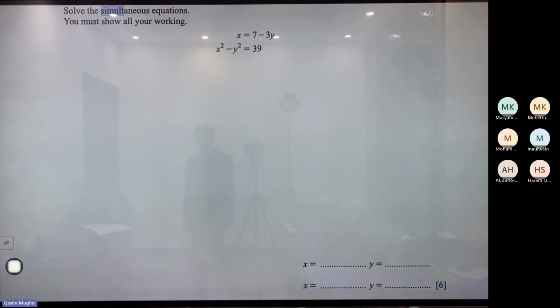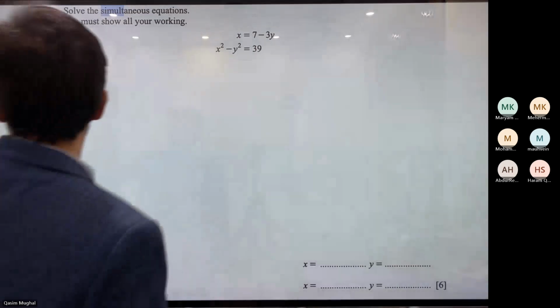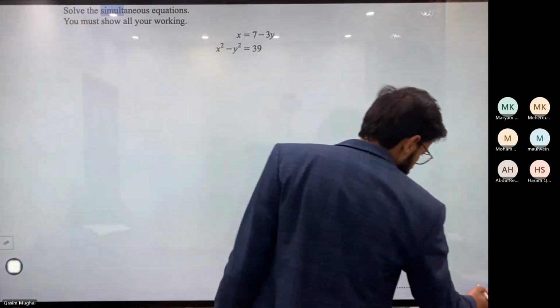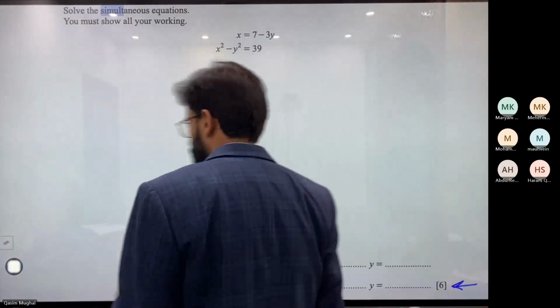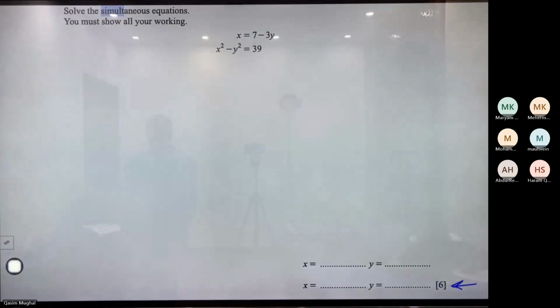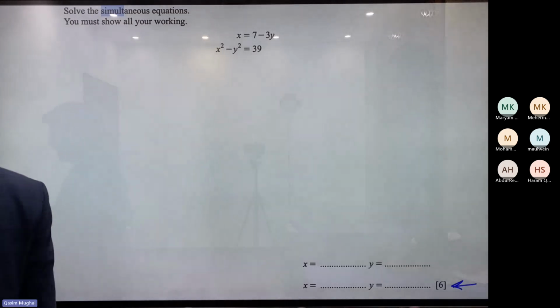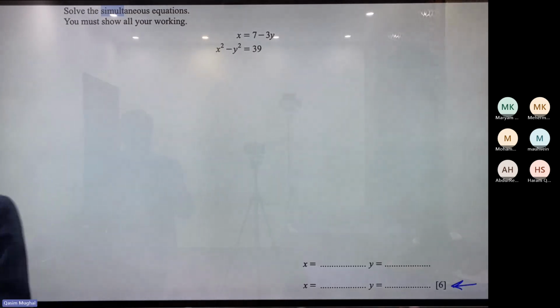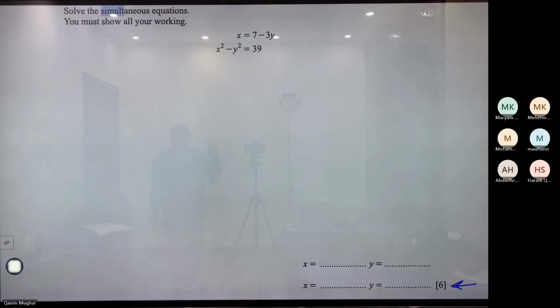Six marks का question. x equals 7 minus 3y, x square minus y square equals 39. Remember, substitution method में पहला टारगेट क्या होता है? सब्जेक्ट बनाना है. कोई ऐसी इक्वेशन है जिसमें आपको पहले से सब्जेक्ट बना हुआ है? This question is in your favor. Go ahead. शाबाश.